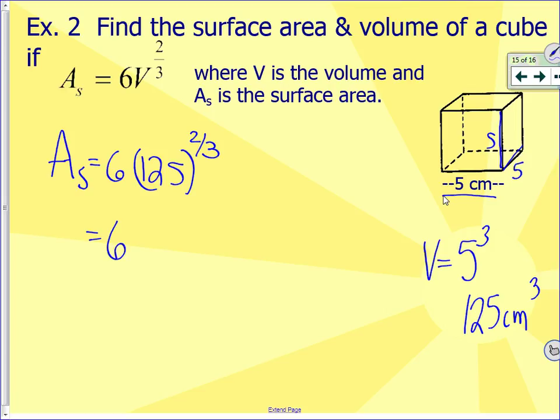Denise? You do radical. And then the 3. And then 125. Then we'll square it. We can simplify, because what's the cube root of 125? 5. So it's 6 times 5 squared.